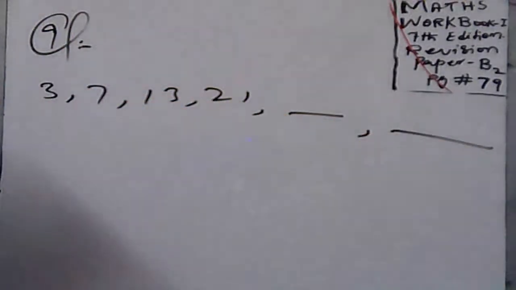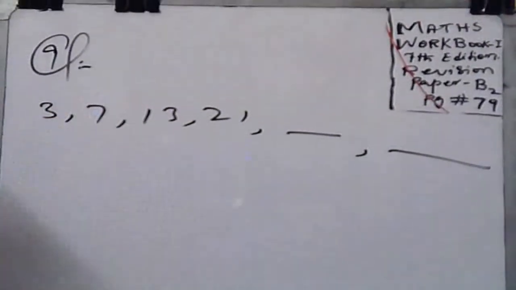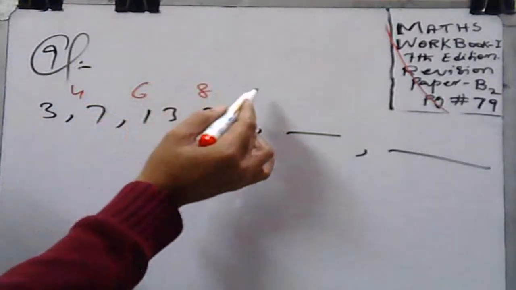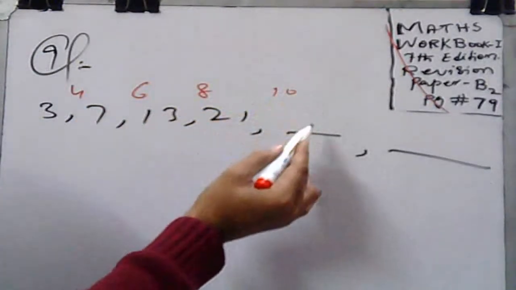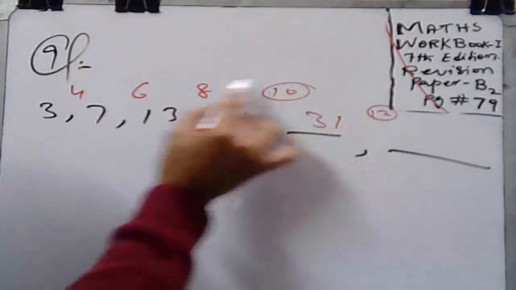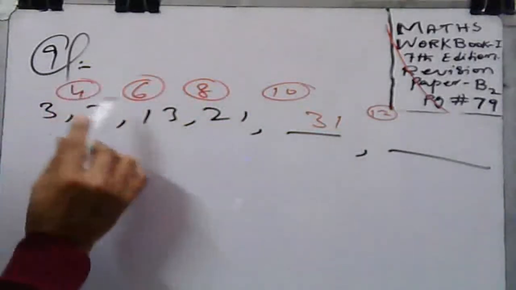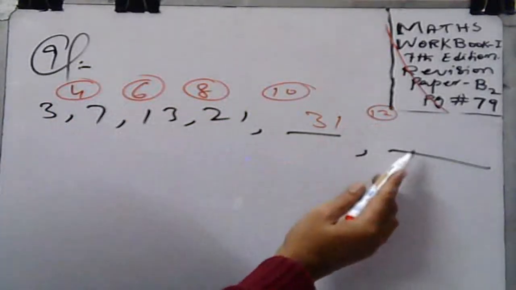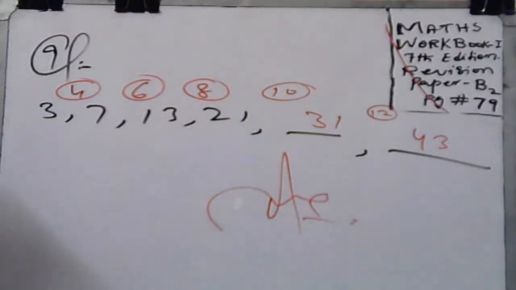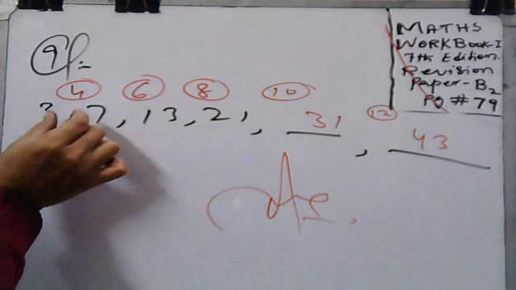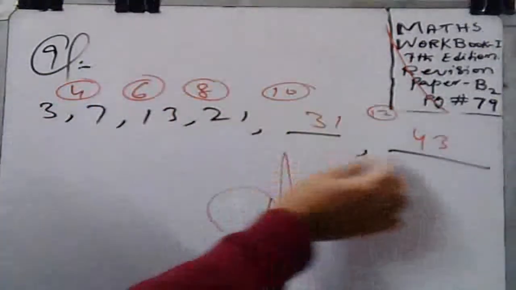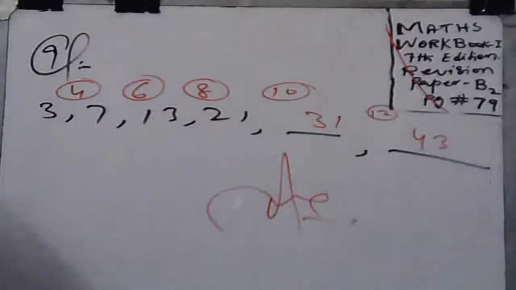You can see here the difference is 4, then 6, then 8, then we have to make 10 difference, so you will get 31, then again 12 difference, so the next one is automatically 43. We have to note the difference between the given terms. That is your required result by the given pattern: added 4, then 6, then 8, then 10, then 12, then find the next term.